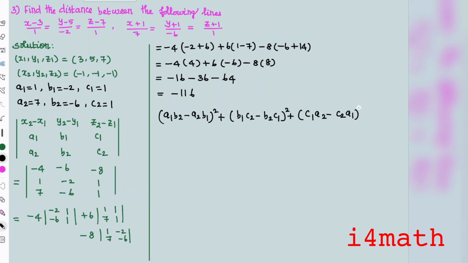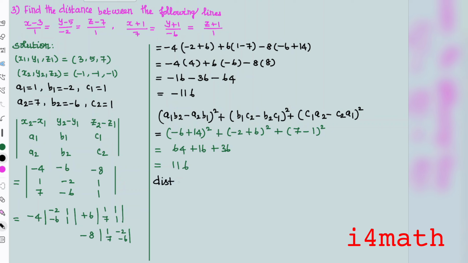Already we know the values of a1, b1, c1, a2, b2, c2. Let us substitute all these values in this formula. After substituting and simplifying, we got the value 116.